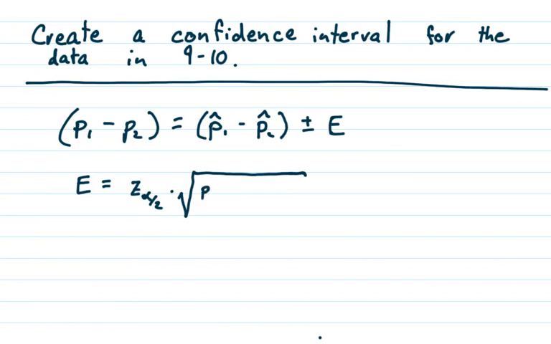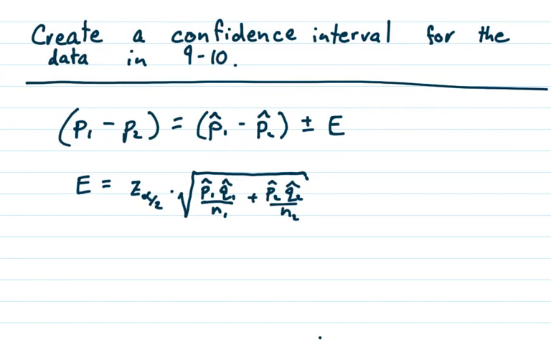It's probably more similar to what I would have envisioned using anyway. So we have p1 hat times q1 hat, all divided by n subscript 1, plus p2 hat times q2 hat, all divided by n subscript 2. And that's, of course, all underneath the square root. So those are our principal tools here.